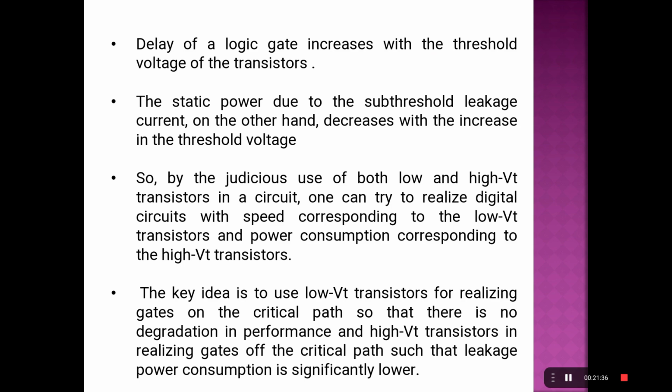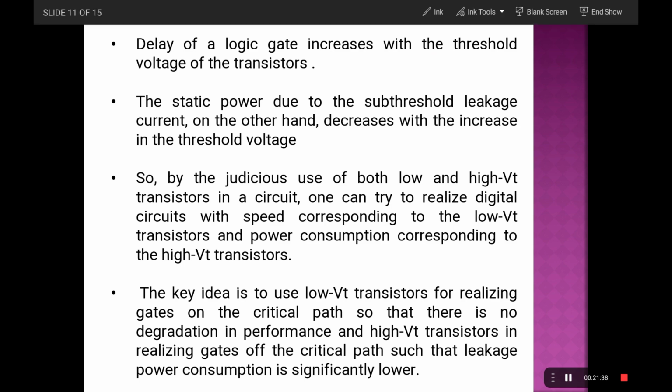The delay of a logic gate increases with the threshold voltage. Generally, we know that the delay of a logic gate increases with the threshold voltage. Why? Because delay is directly proportional to VDD divided by (VDD minus VT). So VT plays a very important role in that, and the static power is also due to the leakage currents in the corresponding device.